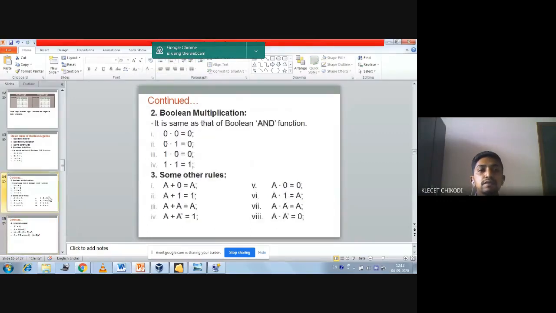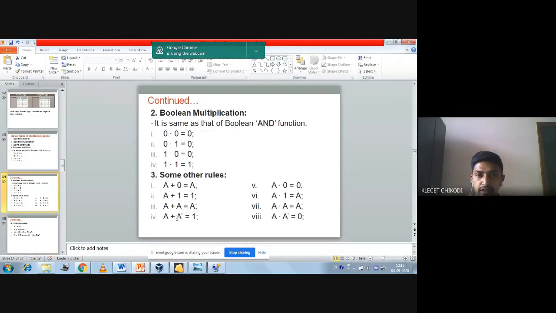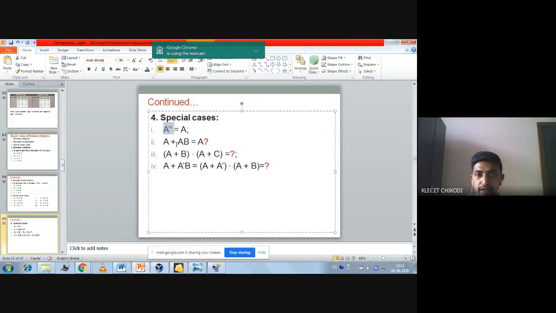Now, these are some basic rules, and there are some special cases you should remember. These results may help you to solve different Boolean algebraic functions in future. Previously we mentioned A dash is nothing but the complement of A. Now you can see a double dash here.